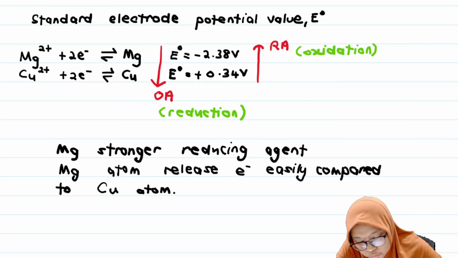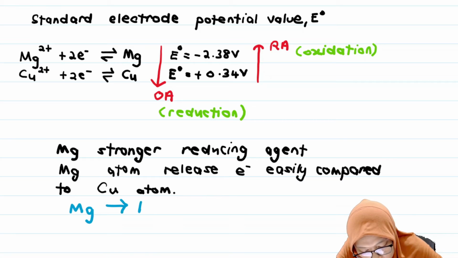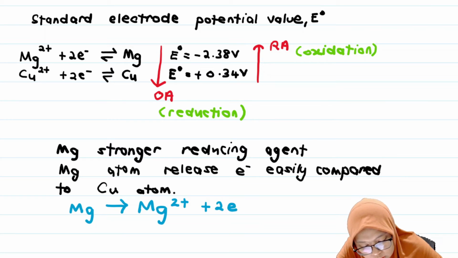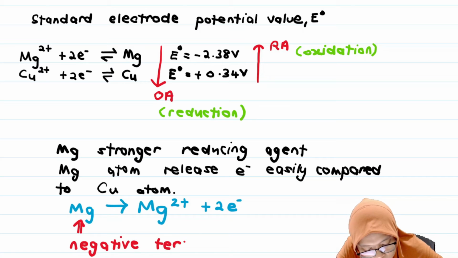If I want to write down the half equation for this reaction, the magnesium atom releases electrons to form magnesium ion. So this is the oxidation reaction that occurs. As the magnesium releases electrons to form magnesium ion, magnesium will be considered as the negative terminal of the cell.